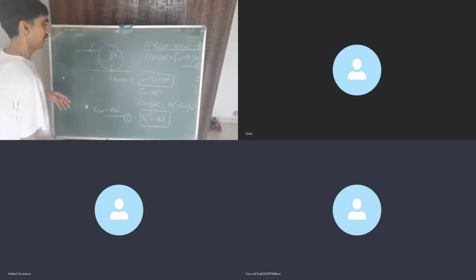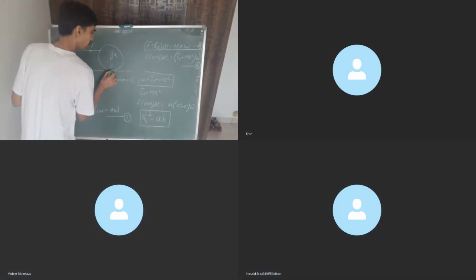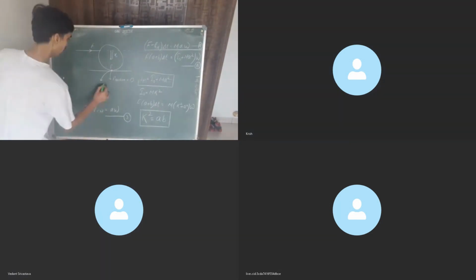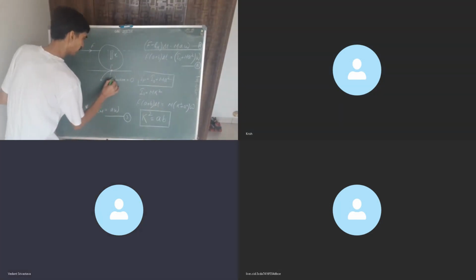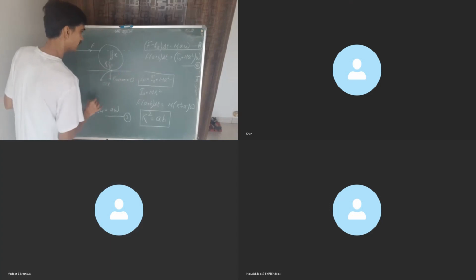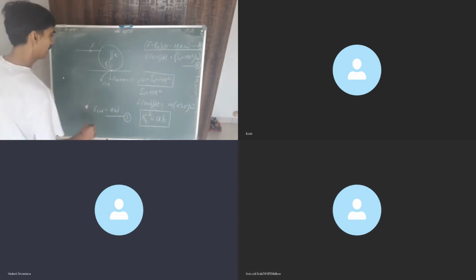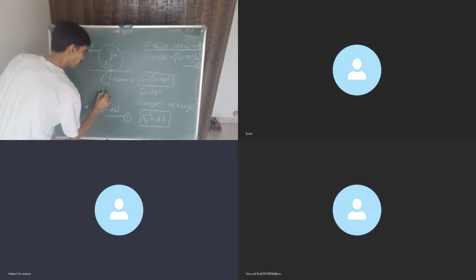If the reaction at this point is 0, what do you qualify to call this point? The ICR, very good. So this is the ICR, and what is the distance of ICR from center of mass? Capital R, R is the radius. Then we use k square is equal to AB.